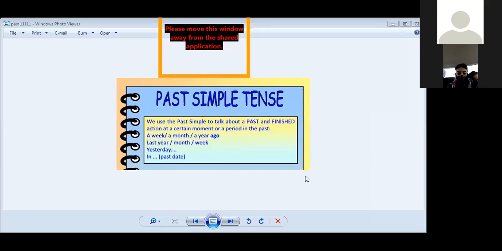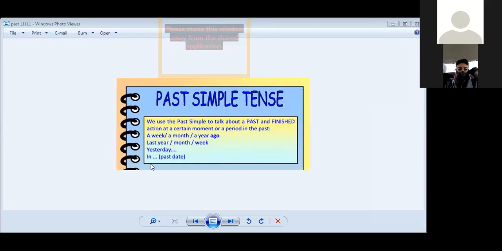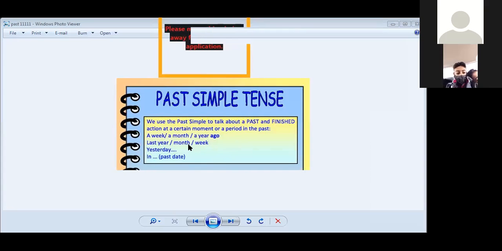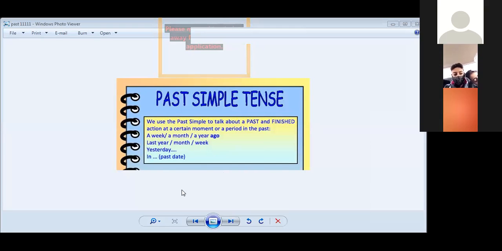For example, in the past, in 1993, 2017, in 1997, okay? So all of those keywords, all of those clues tell us that you have to use simple past: last year, last month, last week, yesterday, in the past, in 1994, in 2017, in 2018.